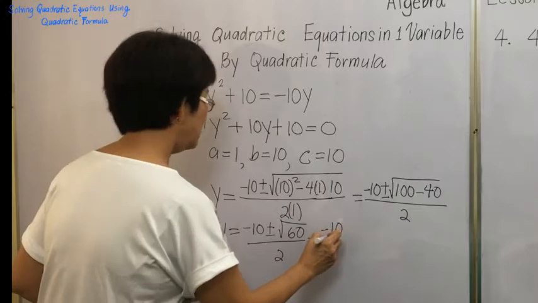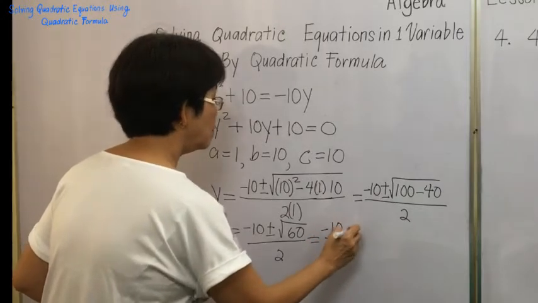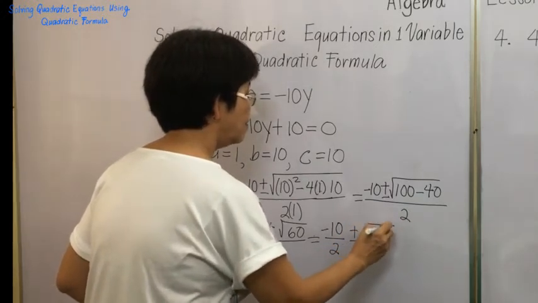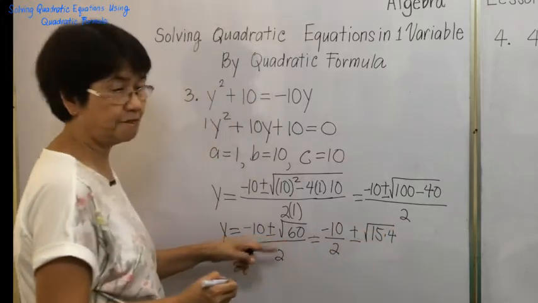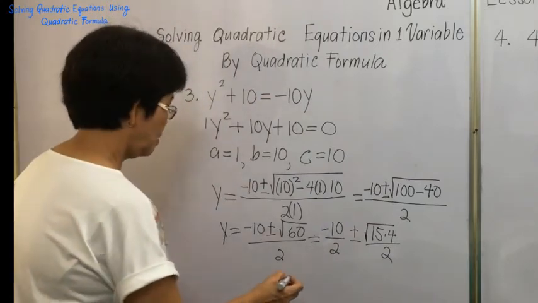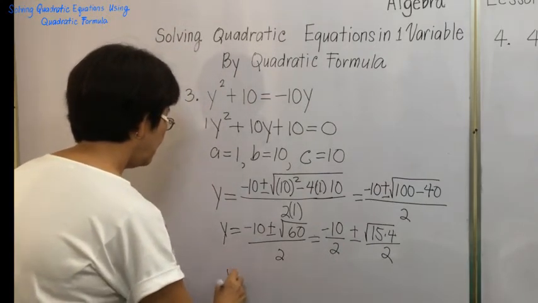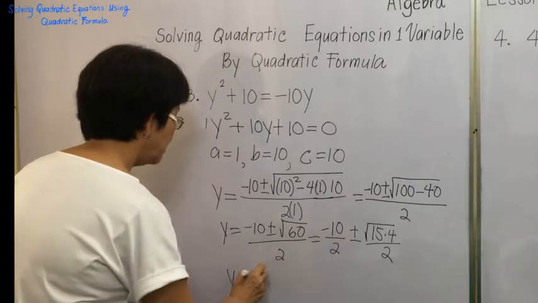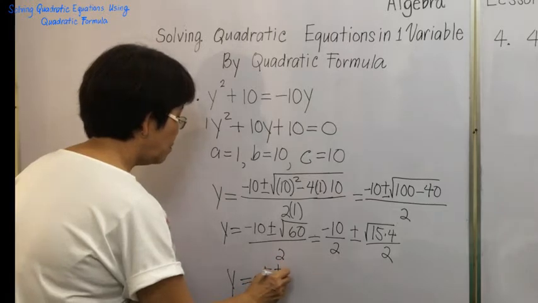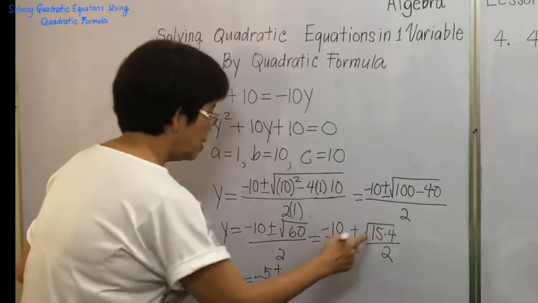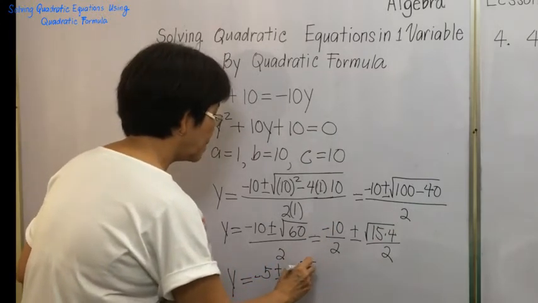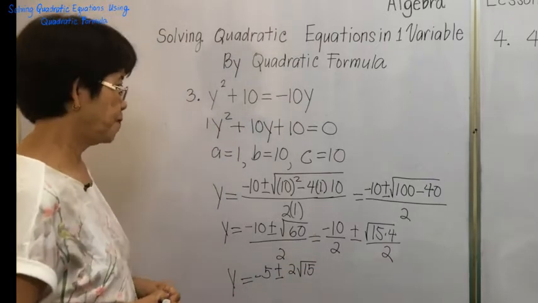Negative 10 over 2 plus or minus the square root of 15 times 4, that's 60, over 2. So we have y equals negative 5, 10 over 2, plus or minus the square root of, square root of 4 is 2, and then square root of 15 over 2.